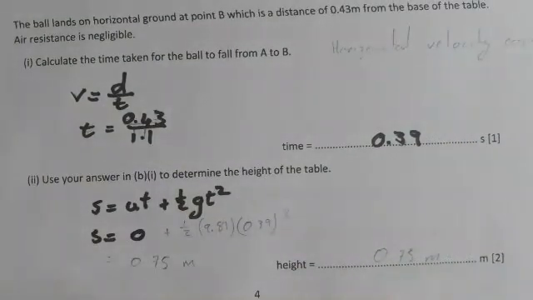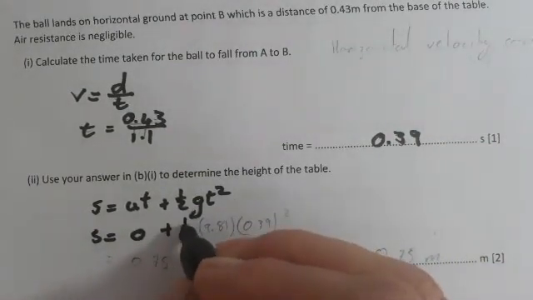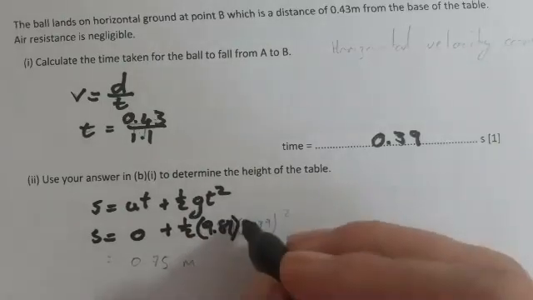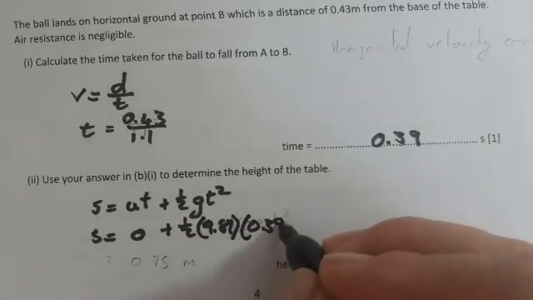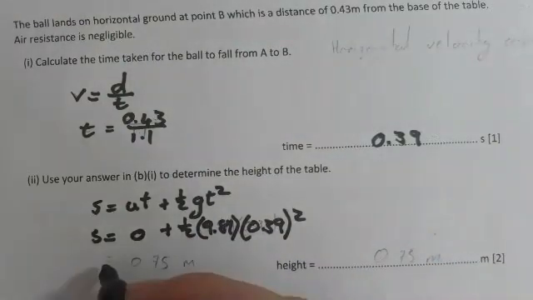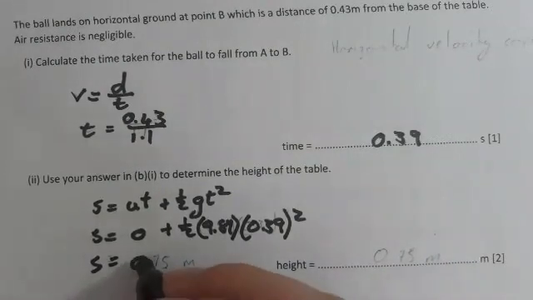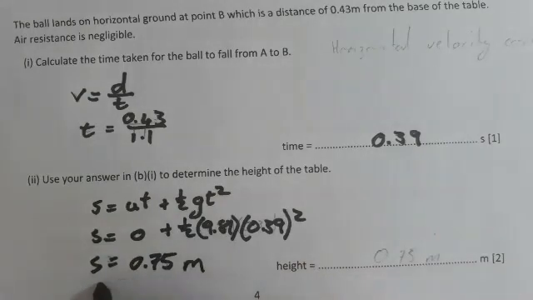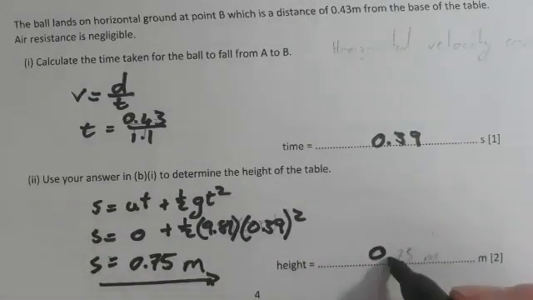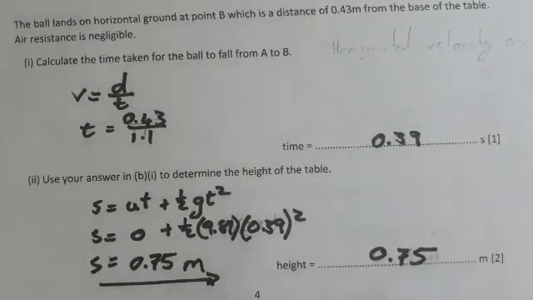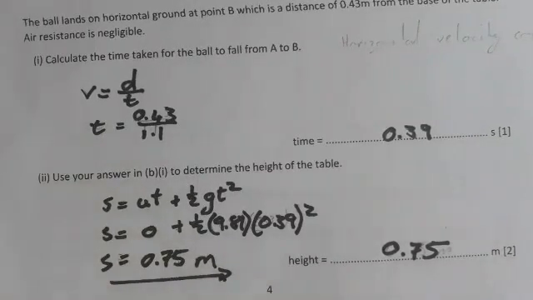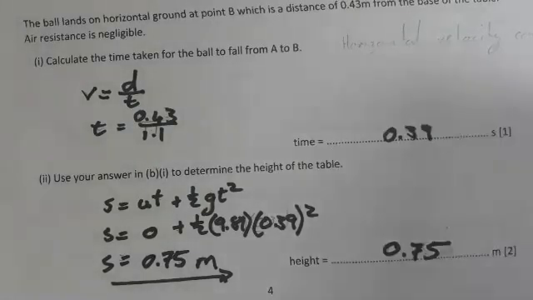This whole term is 0, plus a half times 9.81 times 0.39 squared. And we get that the height of the table is 0.75 meters. Right. And none of you had an issue with that. All good.